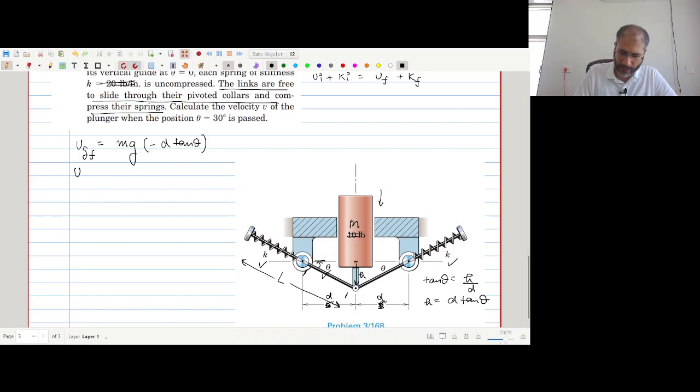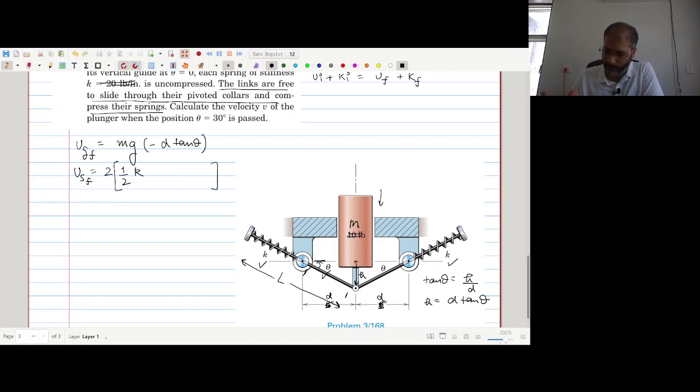Next we have to find the final expression for the potential energy due to the spring. The spring energy is half times k times the compression or elongation squared, and since we have two of these, the energy is double. So we say twice of half k times the compression of one particular spring.